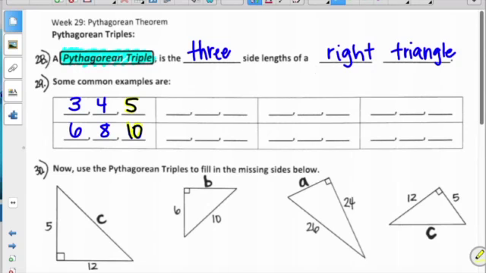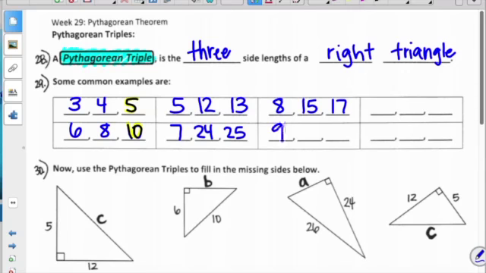Okay, another common one is a 5, 12, 13. 7, 24, 25. 8, 15, 17. And here's another multiple. This is a 9, 12, 15.